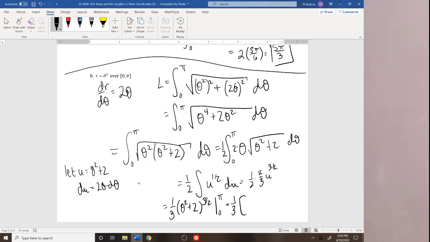And plugging those in, we're going to have pi squared plus 2 to the 3/2 minus 2 to the 3/2. If I didn't do something silly there by going so quickly.